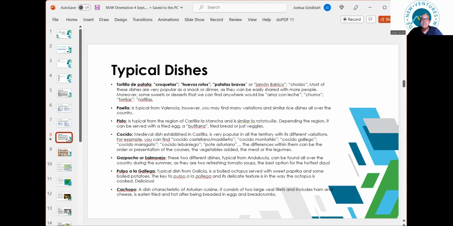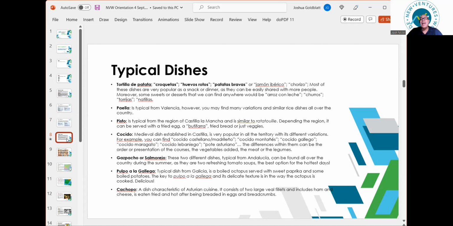Okay, typical dishes. Ever heard of these? Croquetas. Ever heard of croquetas? Tortilla de patata, paella. Yeah, you've all heard of paella. But then we got other things: gazpacho, cocido, pulpo, which is octopus, cachopo, which I think I've seen in Germany as well.